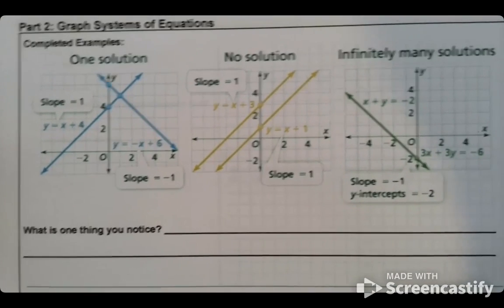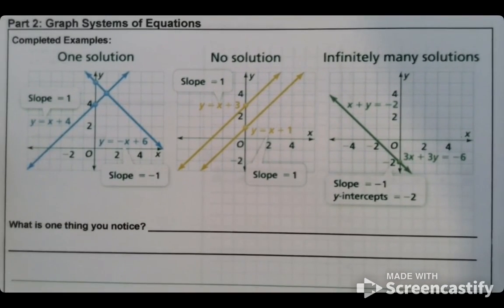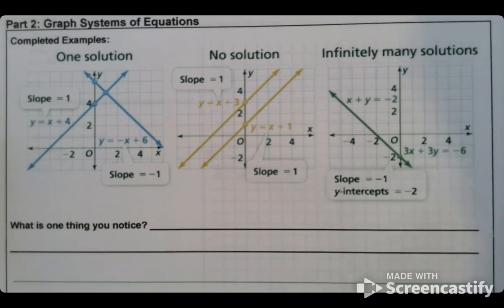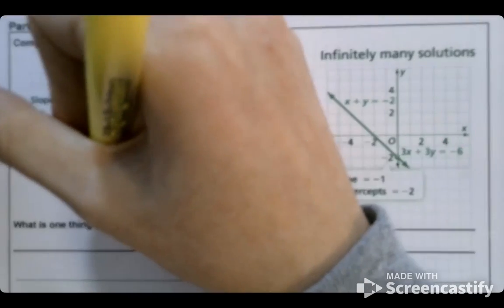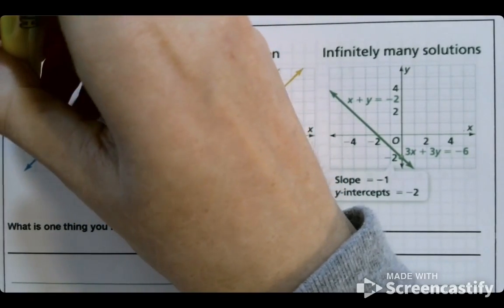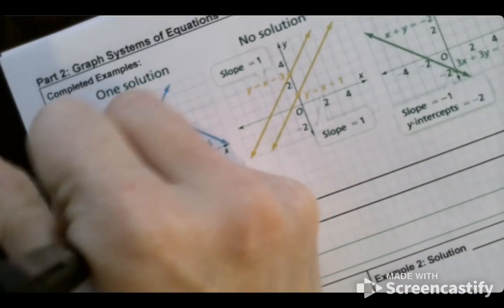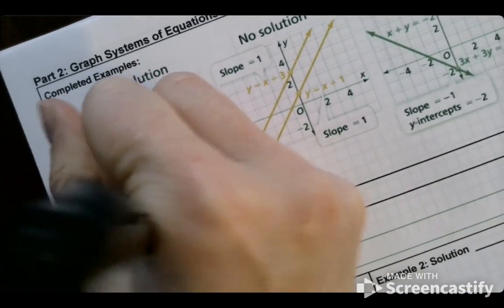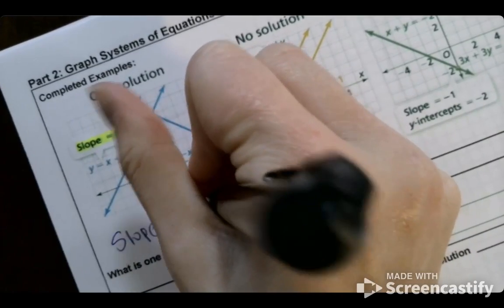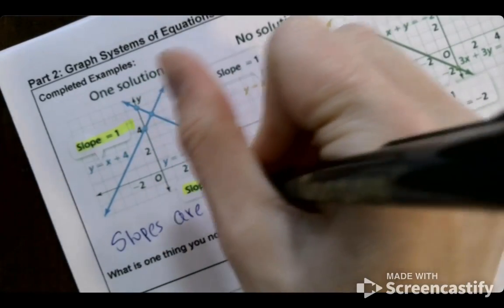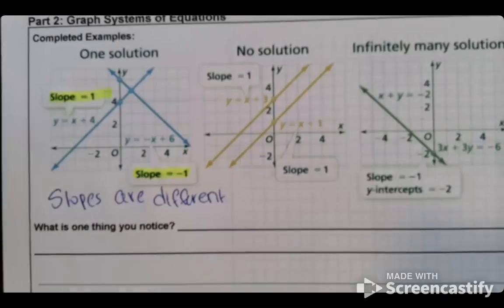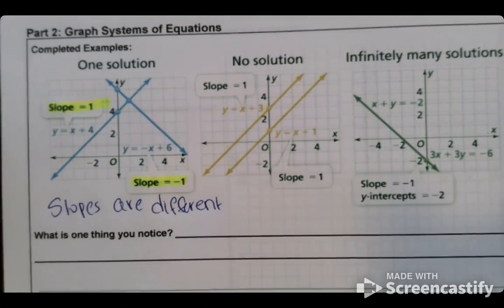So looking at here, one solution, no solution, infinitely many. Look at the slopes, look at the y-intercepts. What do you notice? So one solution: slopes are different. What about no solution?